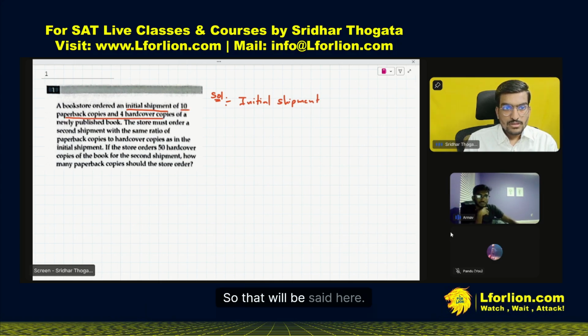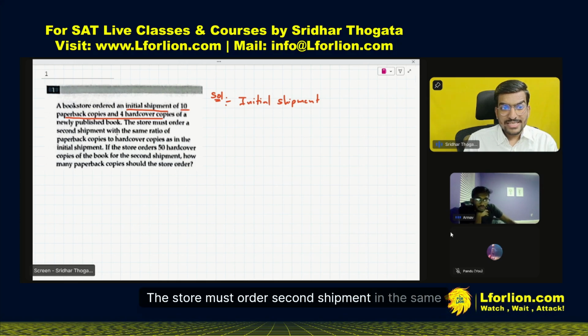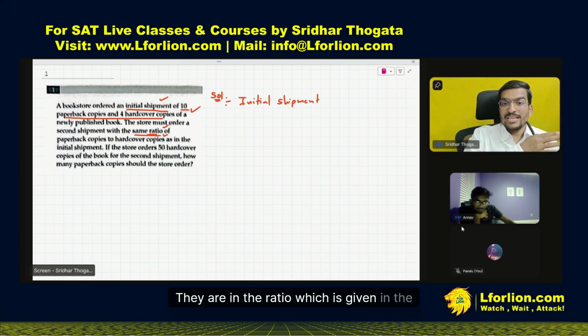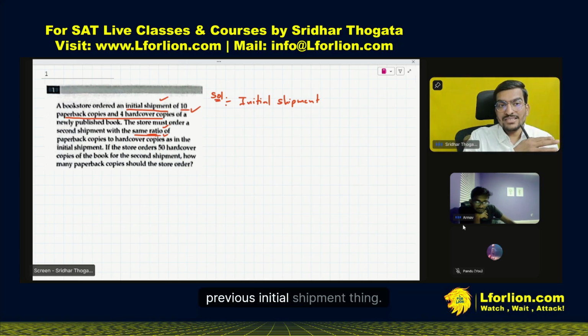They said the store must order the second shipment in the same ratio. This is telling us that these are in a ratio, but in the first 2 sentences, they didn't mention they are in a ratio. After reading this, the store must order the second shipment with the same ratio, what does it mean? They are in the ratio given in the initial shipment.